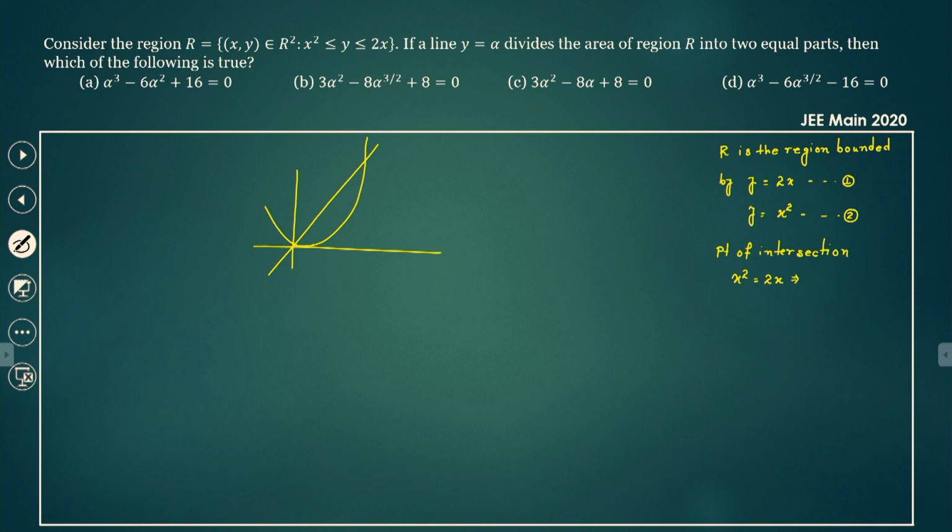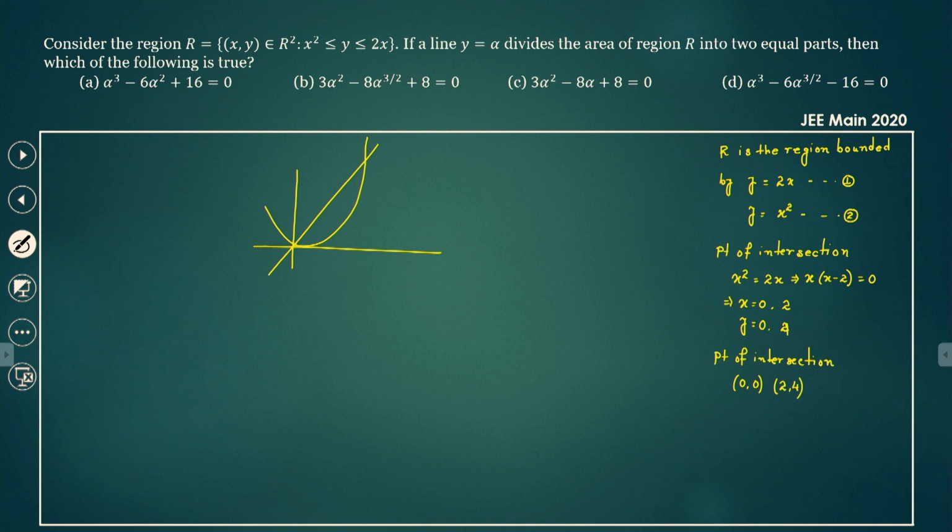That implies that x multiplied by x minus 2 is equal to 0, so x is equal to 0 and x is equal to 2. Therefore, the corresponding y values are 0 and 2 times 2, that's 4. So the points of intersection are 0, 0 and 2, 4.